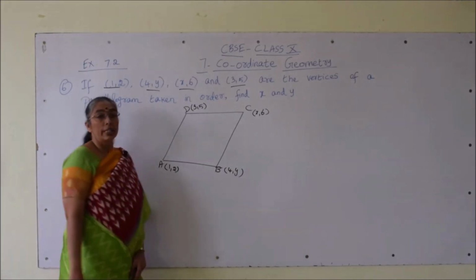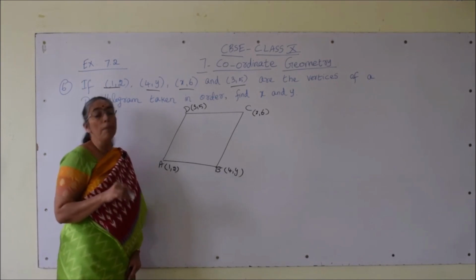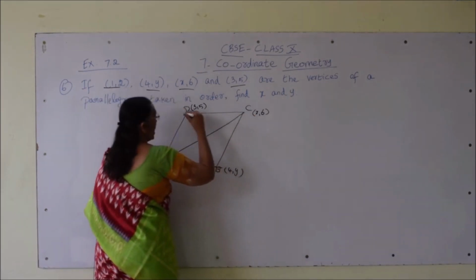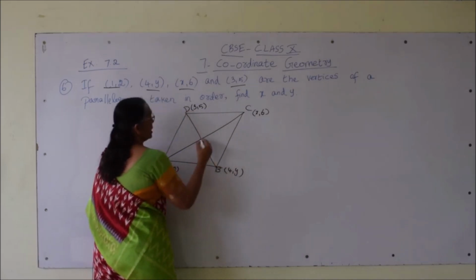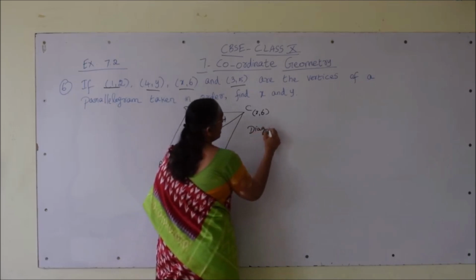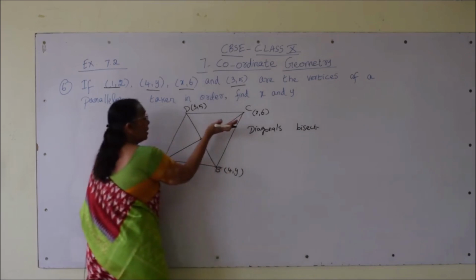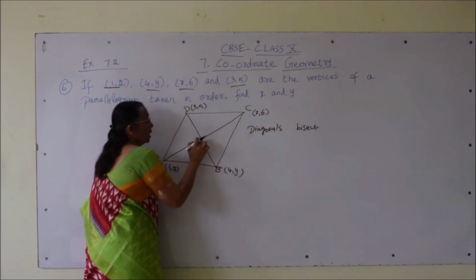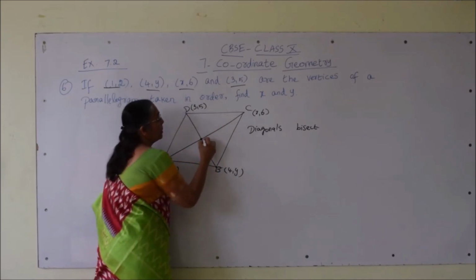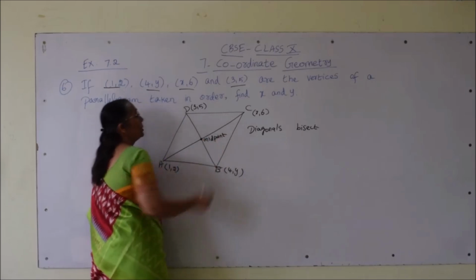Now recollect the concept that the diagonals of a parallelogram bisect each other. AC is one diagonal, BD is the other diagonal. So the diagonals bisect, which means they meet at the midpoint of AC and BD.